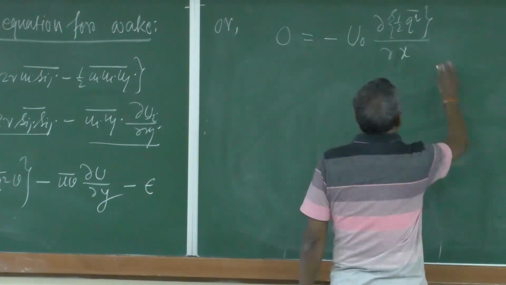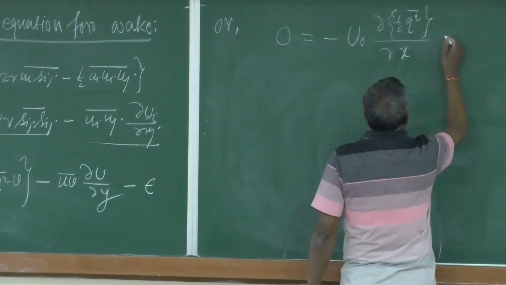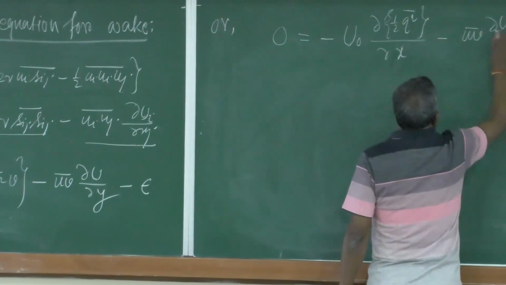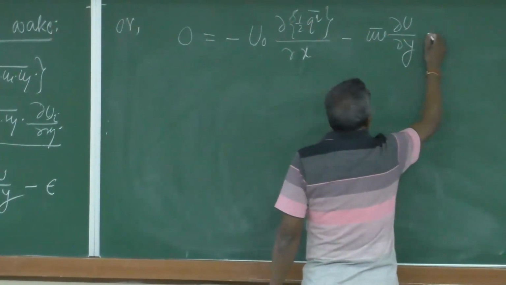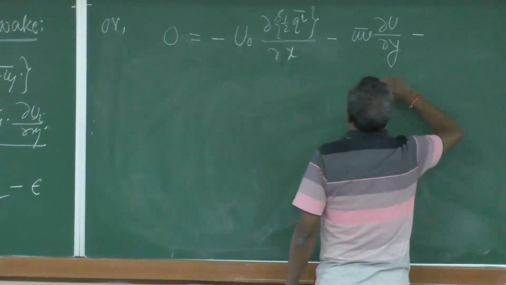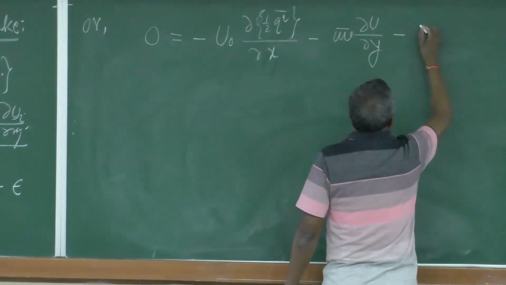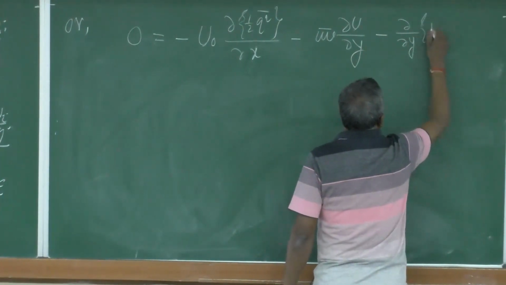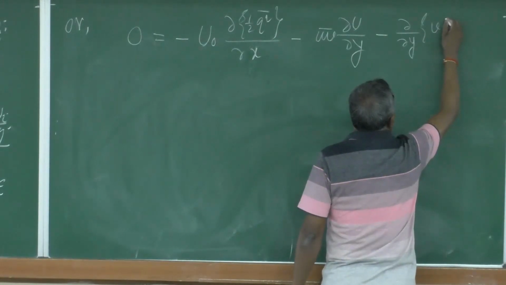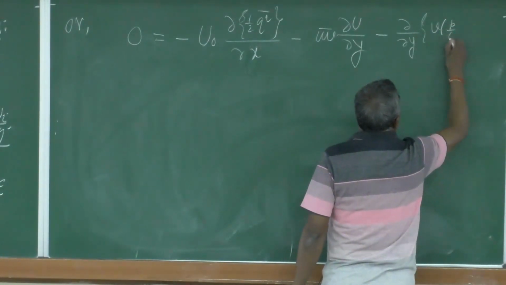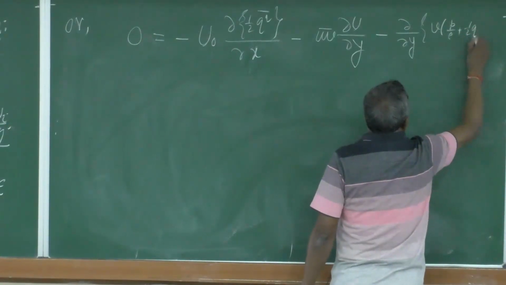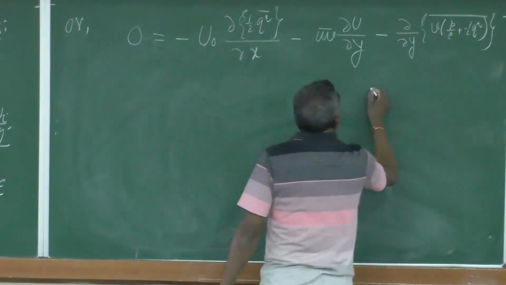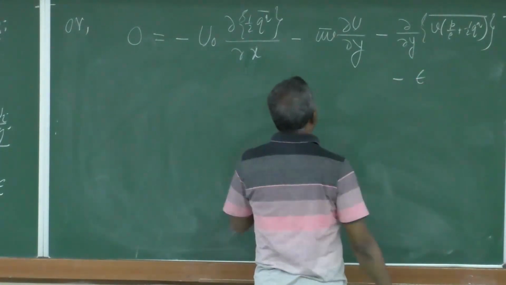Minus, let us take the production term here, minus your transport term. The transport term can be written as del y, v can be taken as common, and this can be written as p by rho plus half q square bar, minus epsilon.